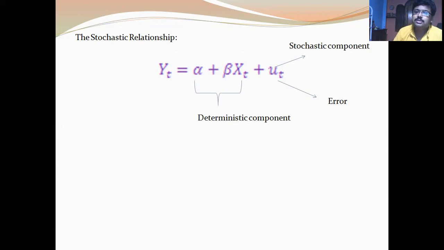Suppose yt is consumption expenditure and xt is the income of a family.